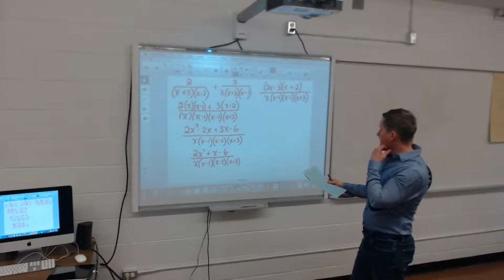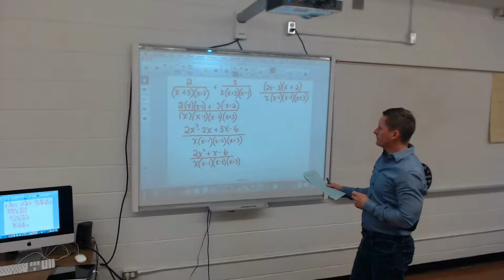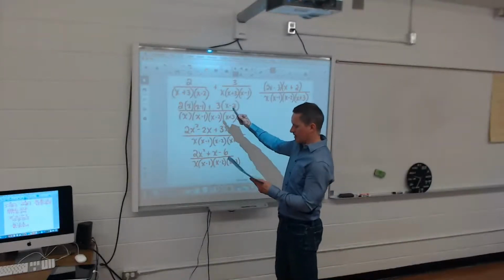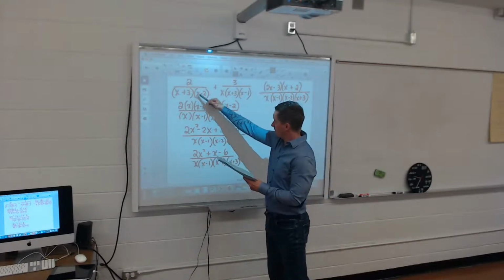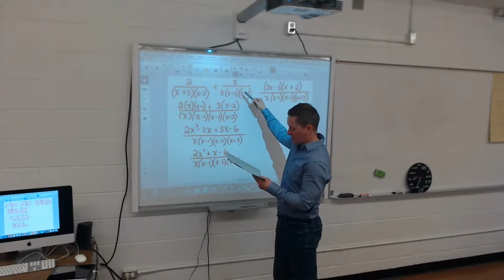Mr. Newton, I'm just looking back at the very top of your very first line. You factored the 3 over x times x plus 3x minus 1. But positive 3 and negative 1 would be positive 2x. Hold on. Okay. So let me just look at this again. So the top line is right, correct?